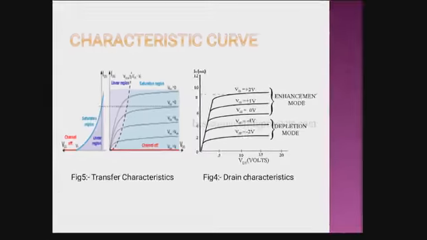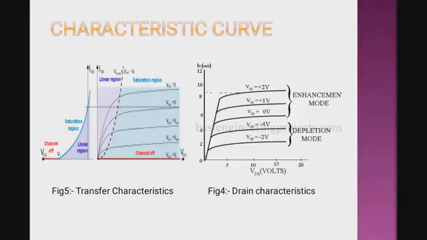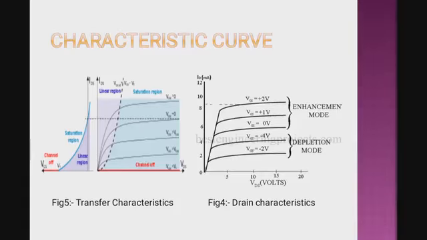When we have applied negative gate voltage, that means Vg is constant. Suppose I have taken Vg equal to minus 2 volt. So in that plot we have seen that drain current is gradually increasing if we increase the VDS, but after a certain point we can see that it becomes constant.